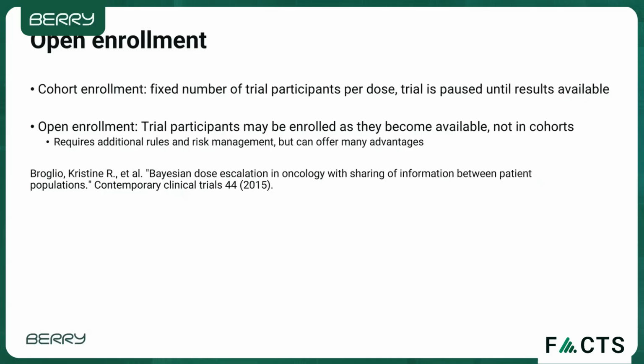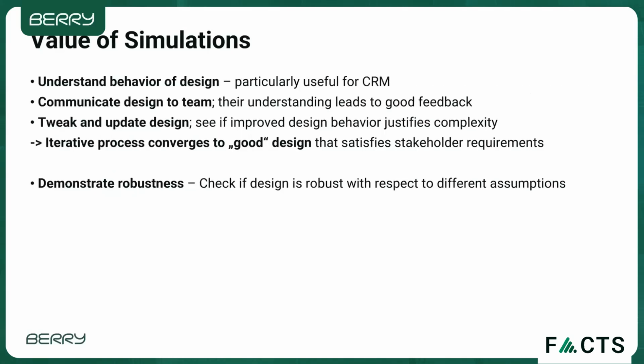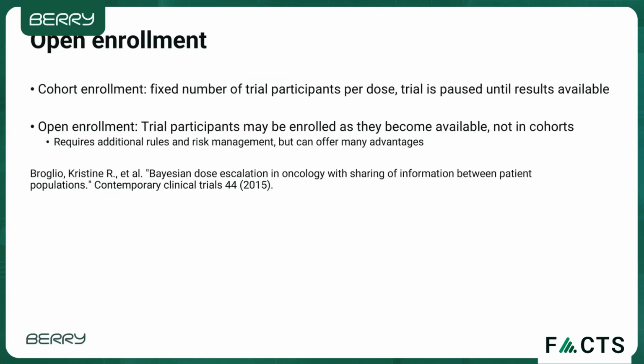It also means that while there are, say, 3 patients at the top dose, we may have another patient enrolled in the trial, and then we need to decide what happens with this patient. This of course requires additional rules and risk management, but it can provide many advantages. You saw this before: I specified this by checking the checkbox use open enrollment.